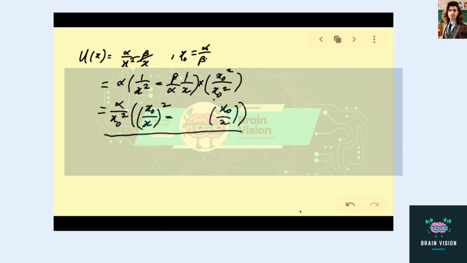Now next we want to graph the value of the entire function U(x). We can graph it with respect to x over x naught.